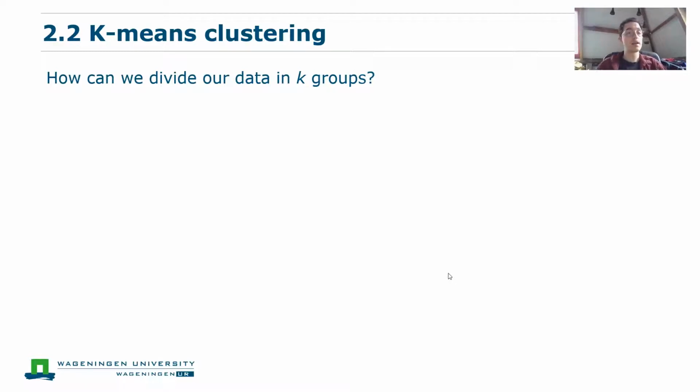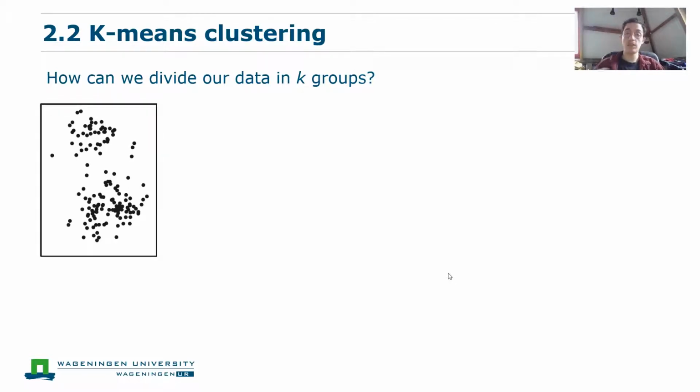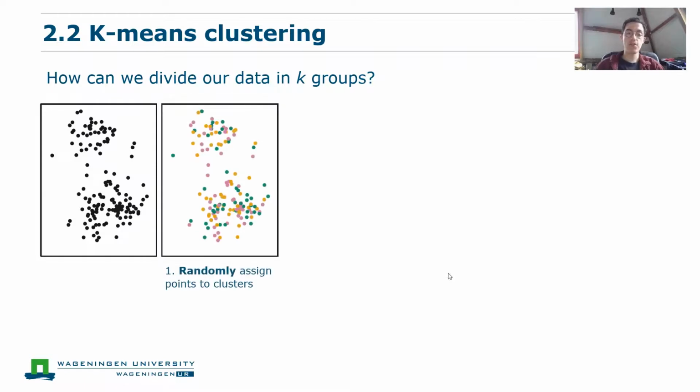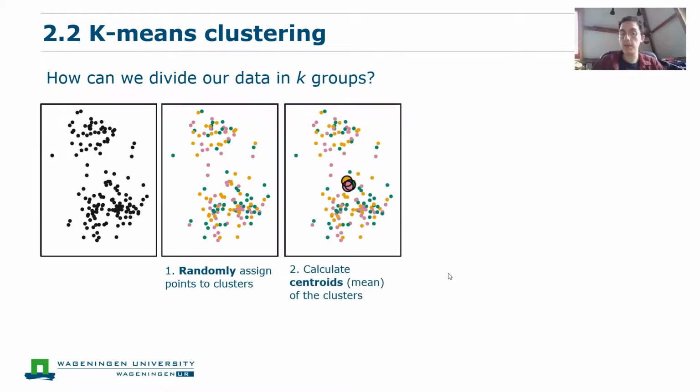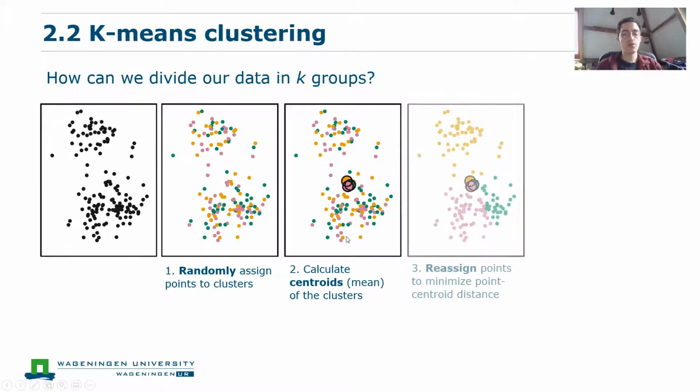So the way that k-means works is the following. You have a set of points, and then you randomly assign points to k clusters. You calculate the centroids, the means of those clusters, which are these 3 points that you can see here in the middle. Then you reassign the points to minimize the point centroid distance.